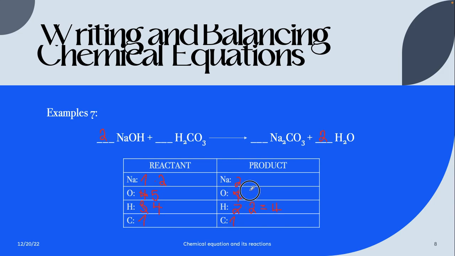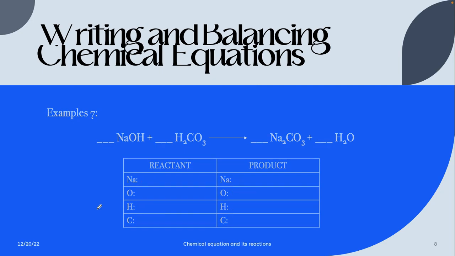Instead of the 4, we're going to have 5. So now our equation is balanced because we have 2 sodiums on both sides, 5 oxygens on both sides, 4 hydrogens on both sides, and 1 carbon on both sides.